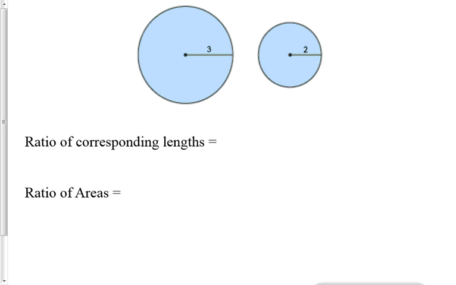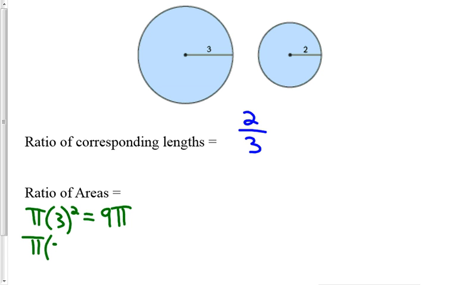So the ratio of the corresponding lengths, in this case it's the radii, smaller over bigger, 2/3. Ratio of the areas, formula for area of a circle, pi r squared, right? So we have pi times the radius squared for the big circle. That will give us 9 pi.